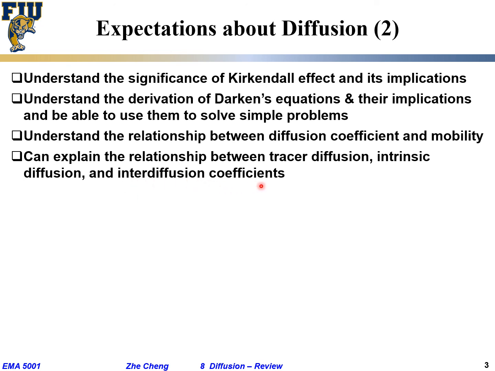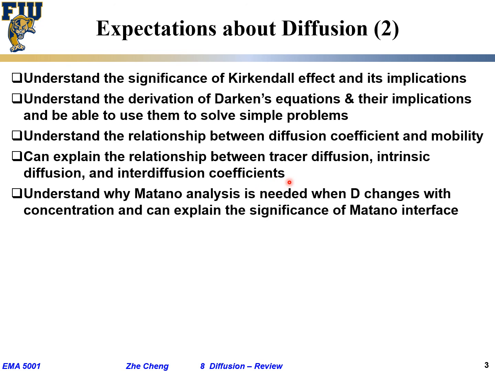Remember, interdiffusion coefficient is a single number that describes the system for a given concentration, while tracer diffusion coefficient is for the radioactive tracer, how fast does it move within the material. Well, intrinsic diffusion coefficient is about the diffusion coefficient that is due to pure Brownian motion. There's no concentration gradient, and all these three are related to one another. Okay?